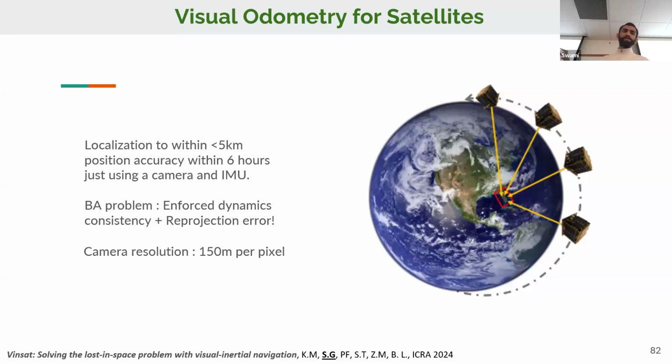With those small modifications, we get significant benefits over, let's say, something like a ground radar. We're able to localize to about 5 kilometers of position accuracy within 6 hours of deployment. To add some caveats, this is within a simulator; the system hasn't yet actually been deployed on a satellite itself.